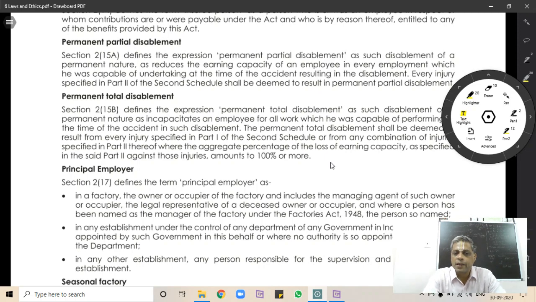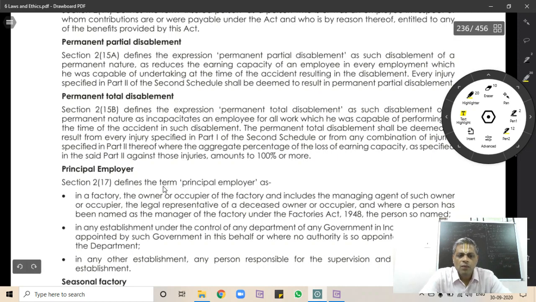So, permanent partial disablement is reducing the earning capacity of an employee in every employment which he was capable of undertaking at the time of accident resulting in the disablement. Permanent total disablement is such a disablement which is permanent in nature and incapacitates an employee for all work he was capable of performing at the time of accident, the details of which are covered in part 1 of the second schedule.